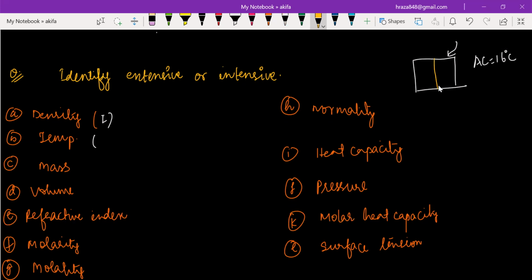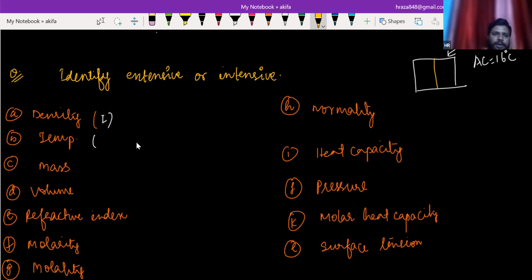No, it will be the same, though it will change slowly after some time. So temperature is intensive.